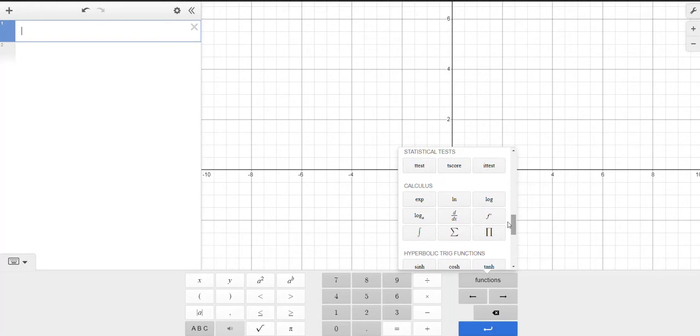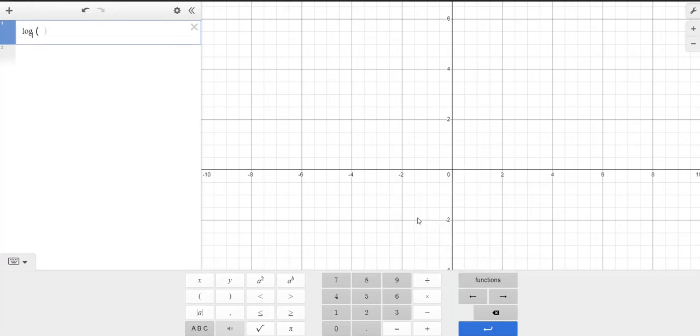There it is. Log base A, that's what I want. So I'll click on that, and I wanted the log base 2 of 8. We know this one should be 3, and there it is, 3 itself.